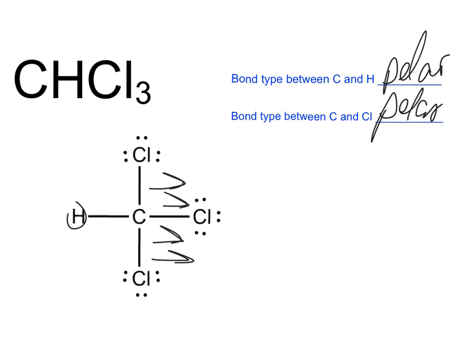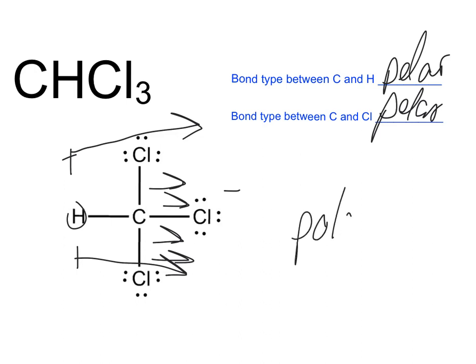So the left side of my molecule, wherever the hydrogen is, is going to be a little bit more positive, versus where all of my electrons are is where I'm a little bit more negative. So I'm a little bit positive on the left, more negative on the right. So this is going to be a polar molecule, which our rules will tell us as well, in case you can't quite see that off the top of your head just yet.